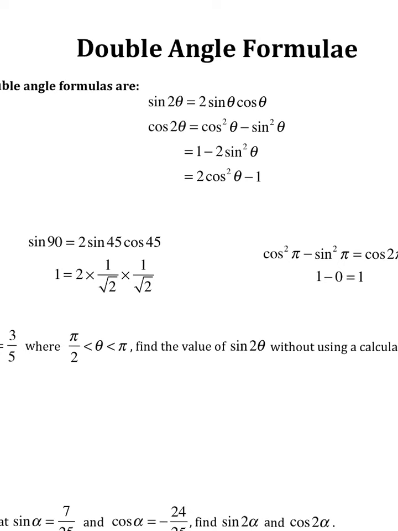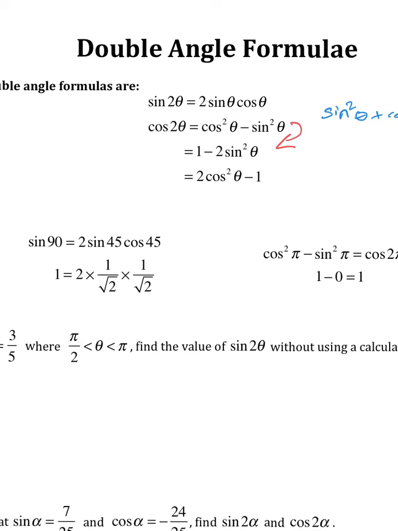In this video, we're looking at the double angle formulas for sine 2 theta and cos 2 theta. Now, for the cos 2 theta one, to get from here to here, it's actually using the identity sine squared theta plus cos squared theta equals 1.